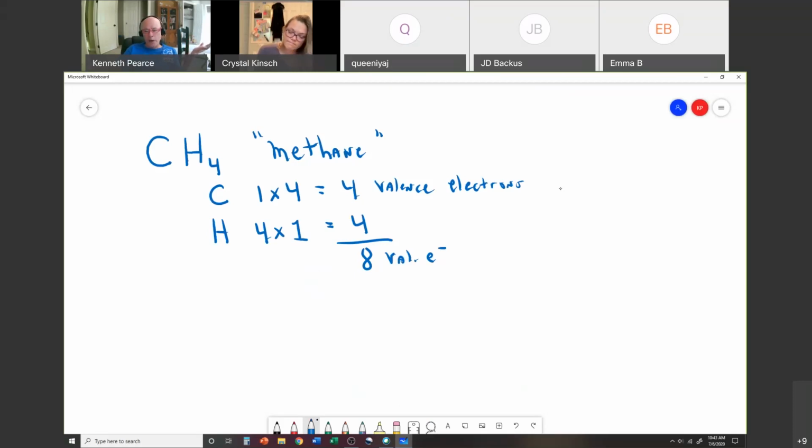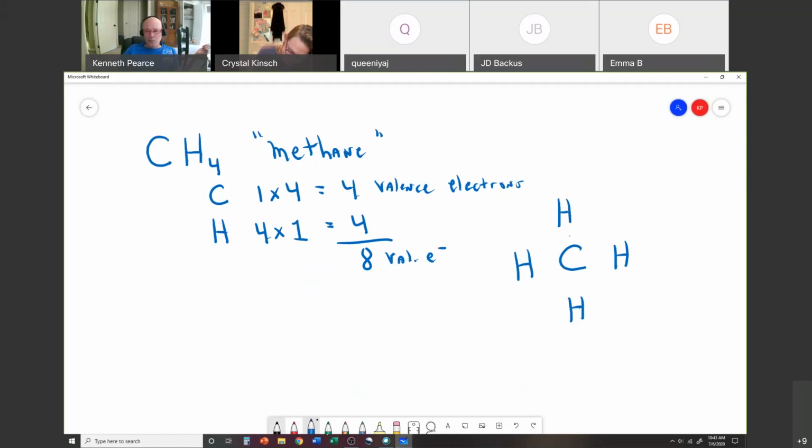So carbon is the one by itself, so we're going to put carbon in the middle. We're going to put hydrogen all the way around. North, east, south, west. We're going to make a bond. What's a bond? A bond is 2 electrons.